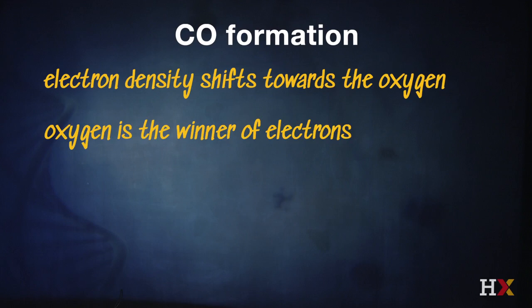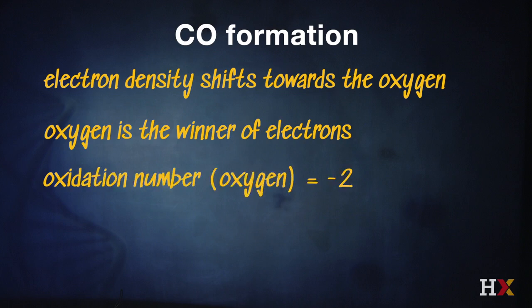Even though the shift may be subtle, this provides the oxidation number for the product carbon monoxide. And that oxidation number for oxygen is -2, as we mentioned before. So in an oxidation reduction reaction, we log that in as 2 electrons fully transferred from the carbon to the oxygen.